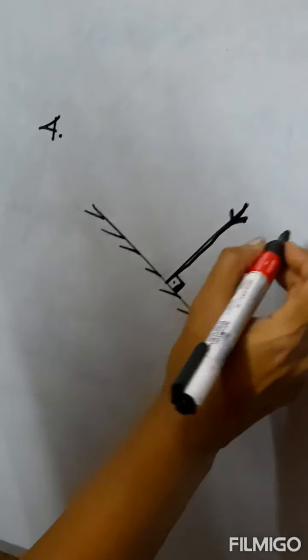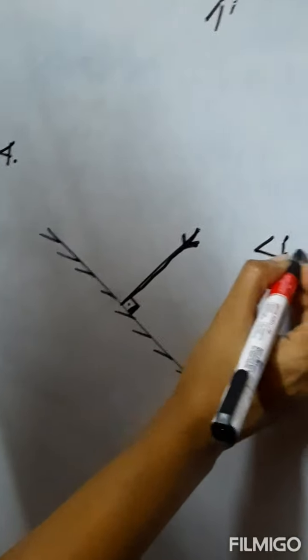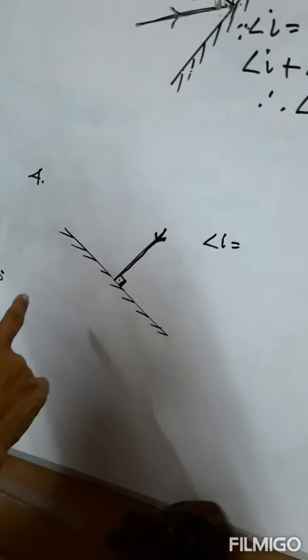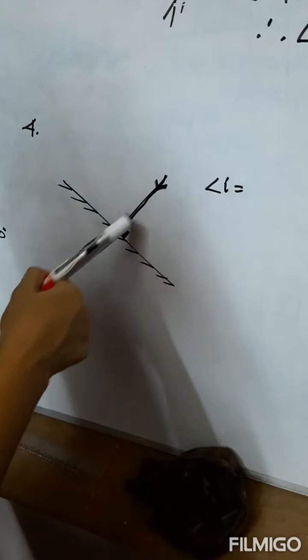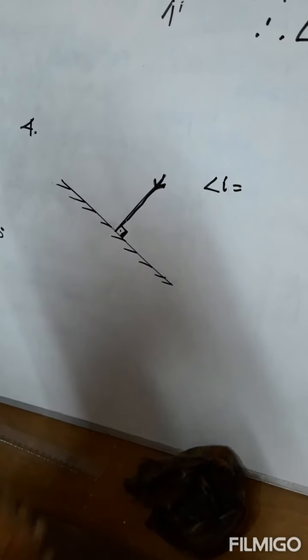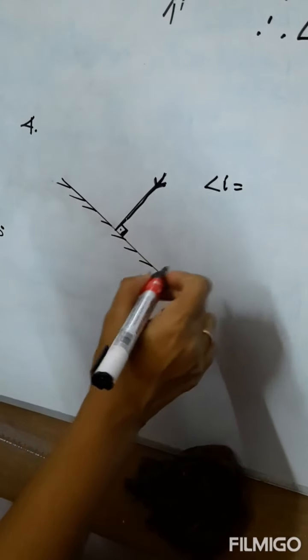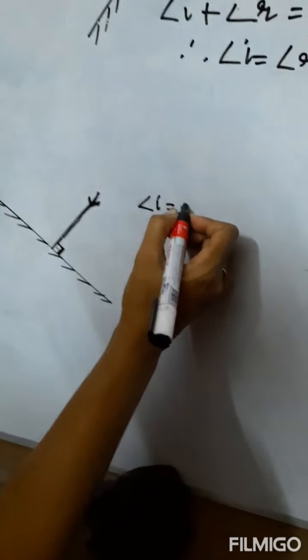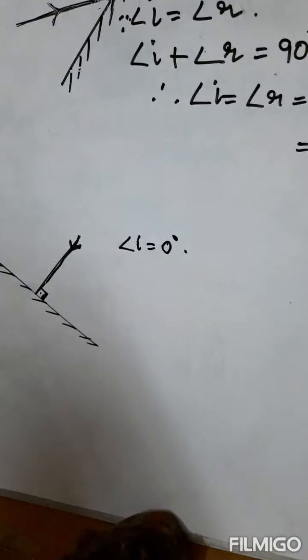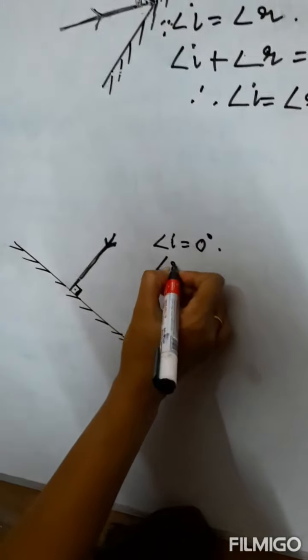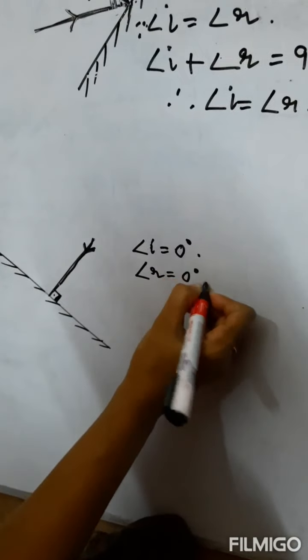And the angle of incidence is the angle between the normal and the incident ray. In this case, the normal and the incident ray are on the same line. That shows that the angle of incidence is 0. Therefore, the angle of reflection is also 0.